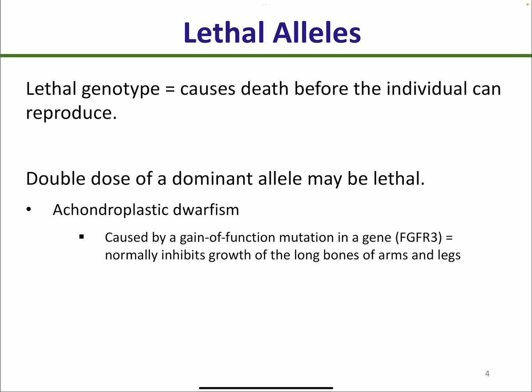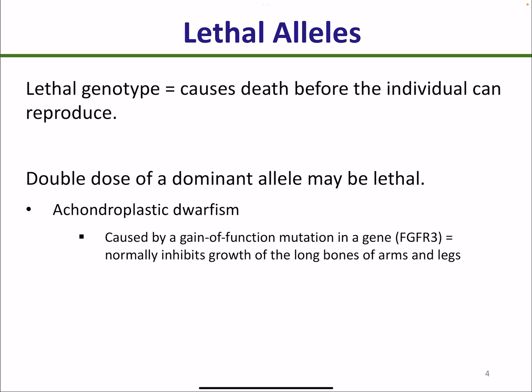In dwarfism. So dwarfism is actually a case of gain of function. Now, in a person with normal height, the feature is recessive. In a person with achondroplasia, the feature is dominant. It's a gain of function that occurs in a gene called FGFR3.